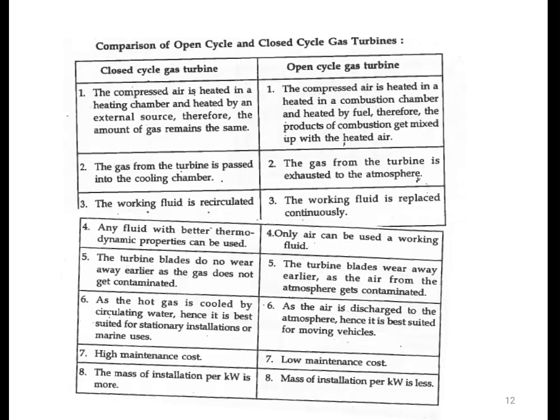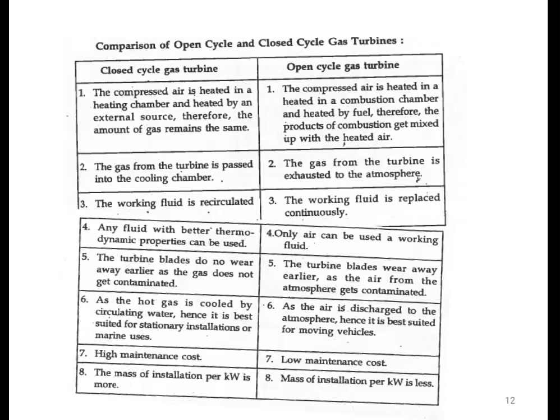Third, the working fluid is recirculated in the closed cycle, while in the open cycle the working fluid is continuously replaced. Next, fourth point, any fluid with better thermodynamic properties can be used, such as temperature, pressure and viscosity.